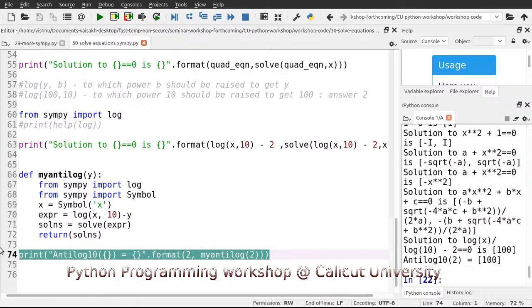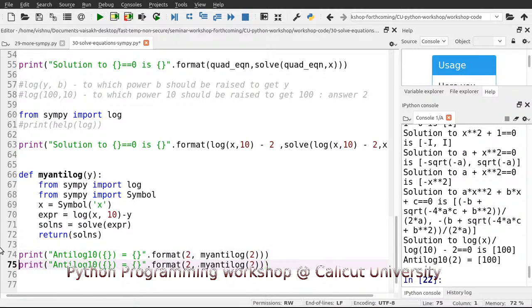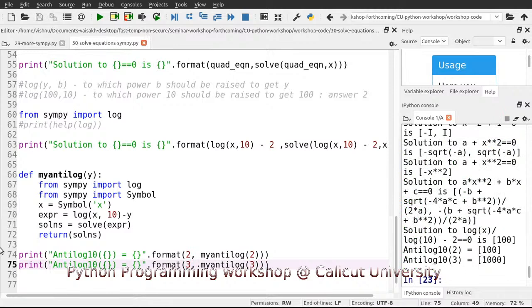So function we have to find. Three is 1000. So we have defined an anti-logarithm function using sympy. Sympy can be used for calculating anti-logarithms.